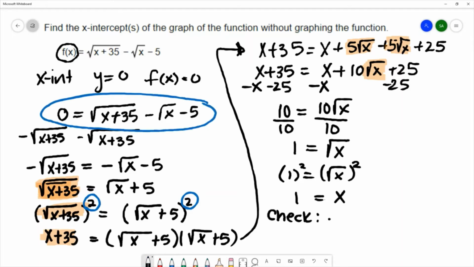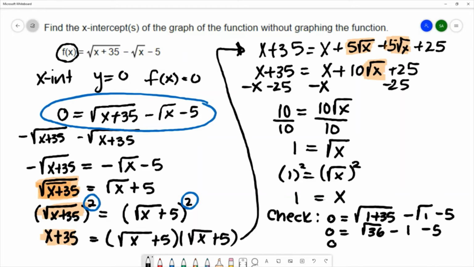We have 0 equals square root of 1 plus 35 minus square root of 1 minus 5. That's 0 equals square root of 36 minus square root of 1, which is 1, minus 5... 0 equals 6 minus 6. And you can see that we have a true statement. So we can say that 1 is the x-intercept of this function. (1, 0).